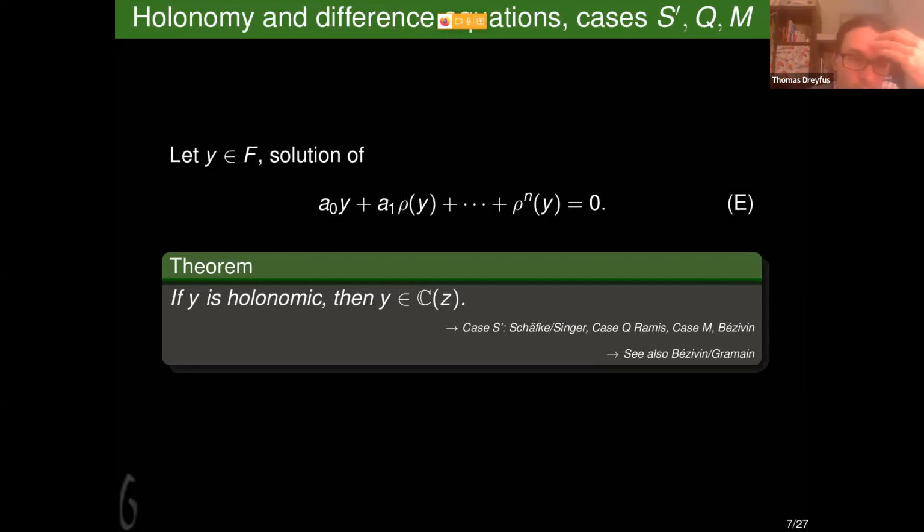So, for instance, in the case S, Schäfke and Singer prove that if a meromorphic function of C is holonomic, then it's polynomial in exponentials. So we should be able to prove something like: if you are holonomic, then you are, I don't know, polynomial in the q-theta function or something like that. But they are not holonomic.